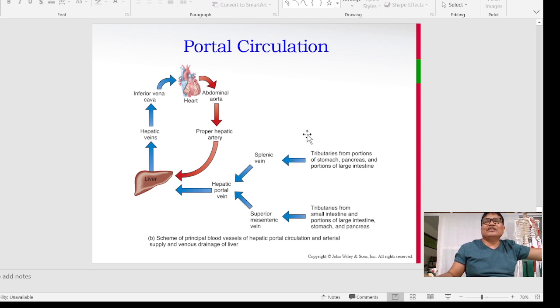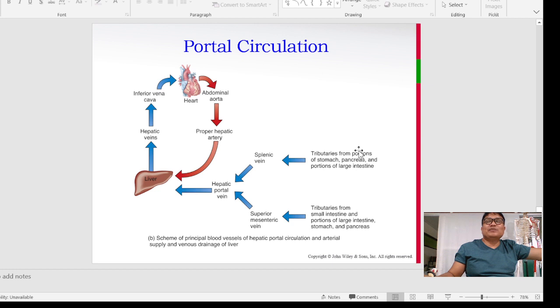Unsay purpose niya? Ngano moagi pa man siya dira? Tanawan nato kani nga portion, no? Ngano pa man siya moagi dira sa liver? Ang blood niya gikan sa imong stomach, small intestine o large intestine, pancreas. Kay they contain nutrients that are absorbed by the body.